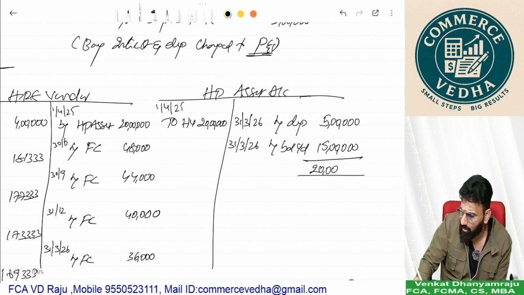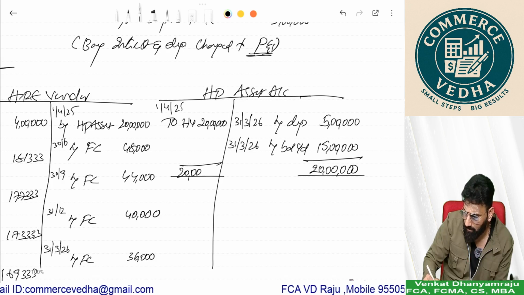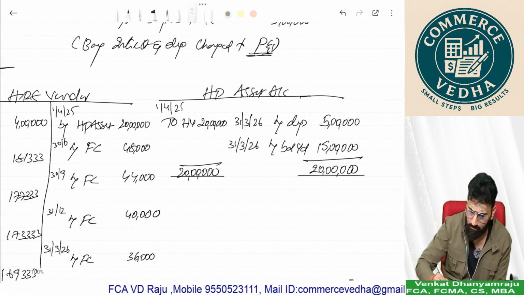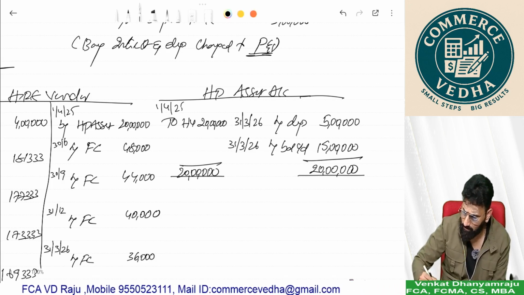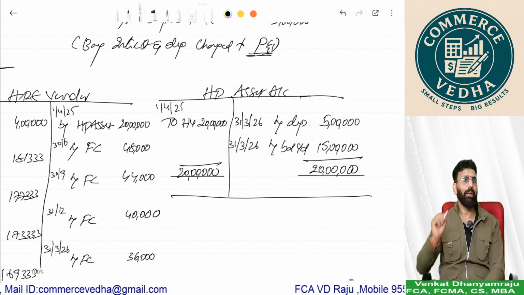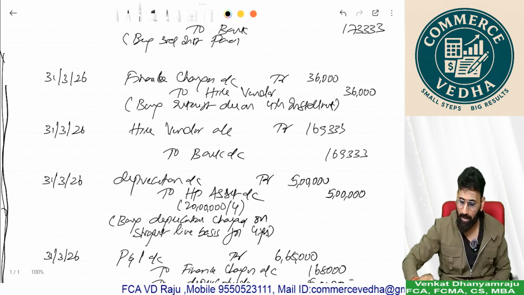So 20 lakhs is the value of the asset at the end of the year. This is how we should actually learn the basic things.